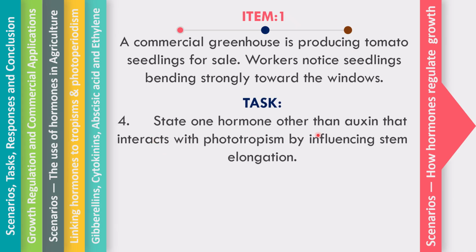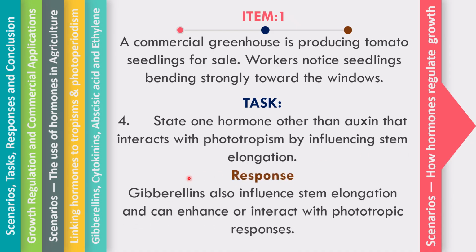State one hormone other than auxin that interacts with phototropism by influencing stem elongation. Gibberellin also influences stem elongation and can enhance or interact with phototropic responses.